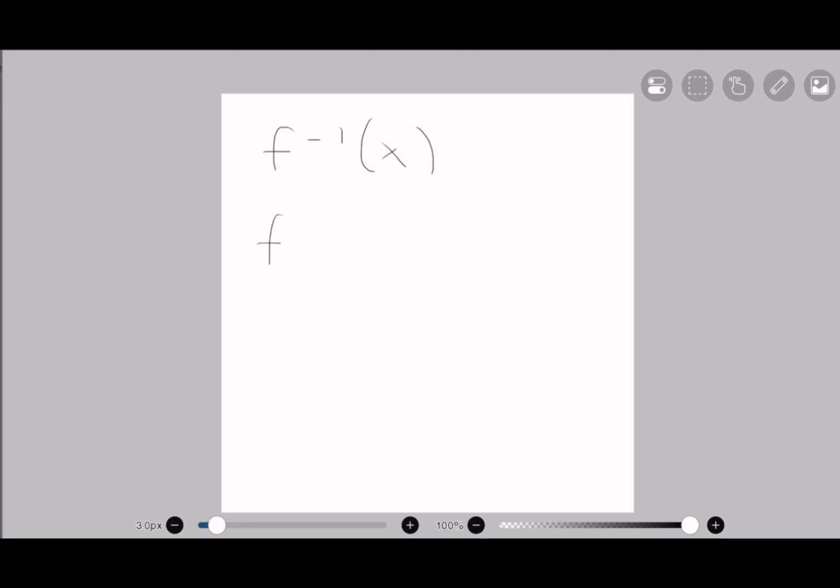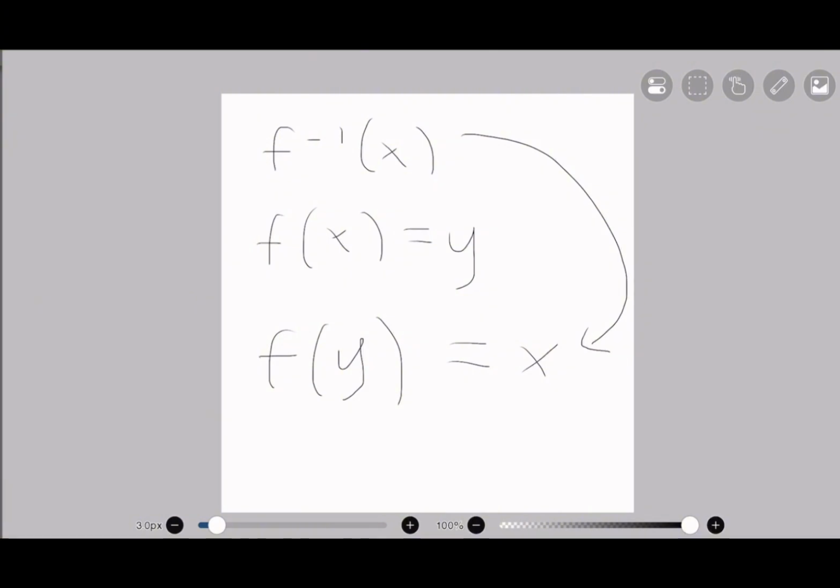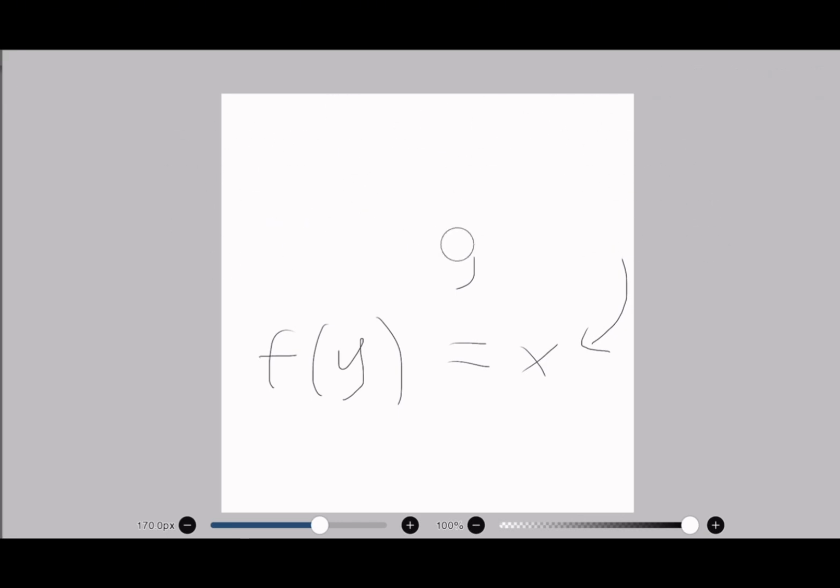So that's basically saying when you have f of x equaling y, your inverse is switching that. This is really what inverse is showing you. f of y equals x. It's just flipped. That's the main thing that can be confusing.